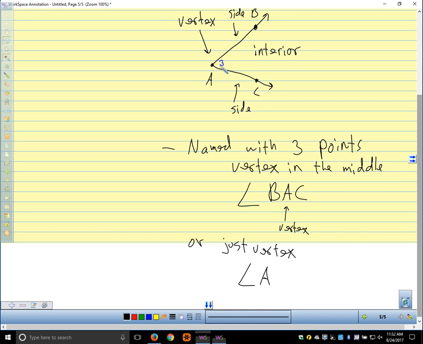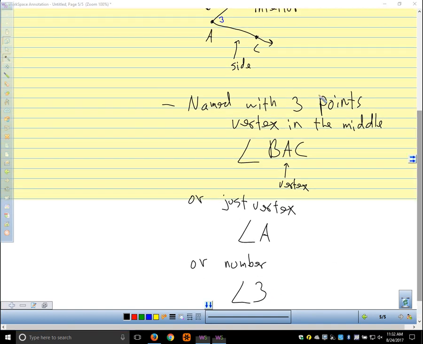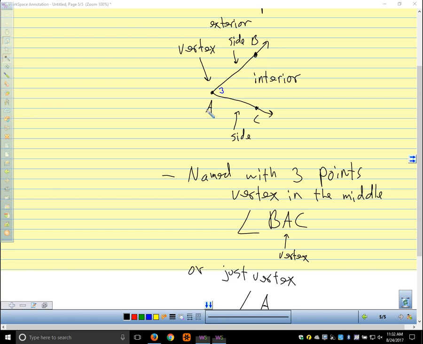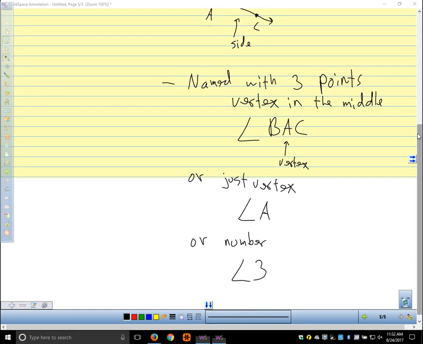That's not how many degrees the angle is. There's not a degree symbol there. Or we can use a number. So that could be angle BAC, angle A, angle 3. We could also call it angle CAB as long as the vertex is in the middle. So 3 different ways that we can name an angle.